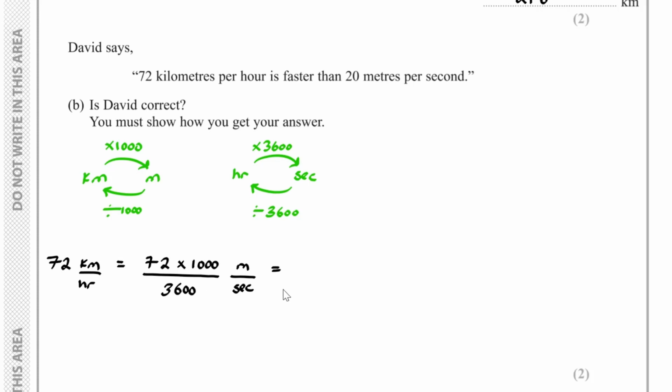So working this out, it turns out we get 20 meters per second, and of course they are the same, so therefore we can conclude that David is incorrect.